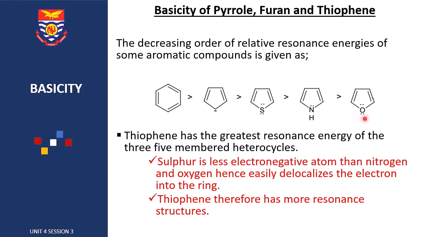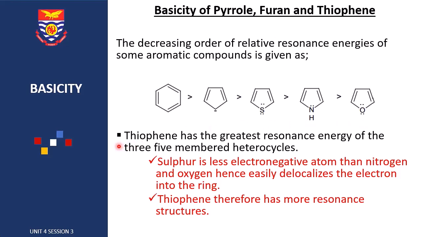This is because it has the heteroatom, between all these, which is the most electronegative, right? And has no vacant d orbitals, and hence will have the smallest resonance energy. So that is the reason why furan happens to be the least among them.